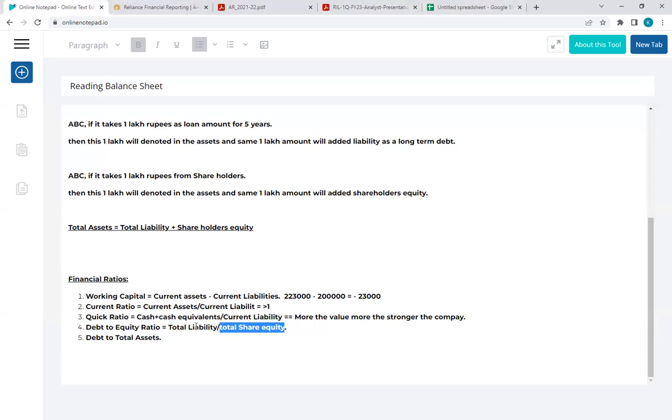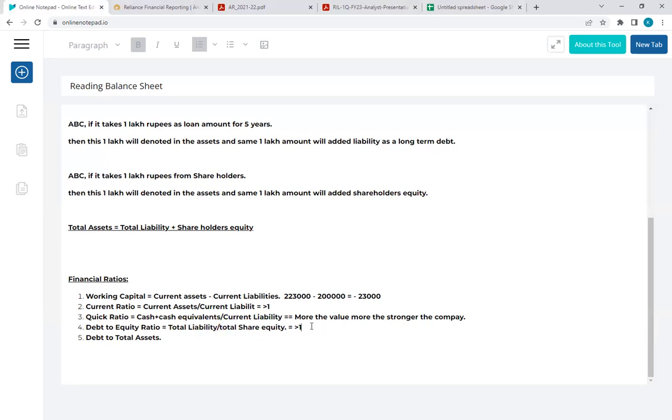If the liabilities value is more, that means if the ratio is more than one, assume that it is more than one, then liabilities are more compared to shareholders' equity.